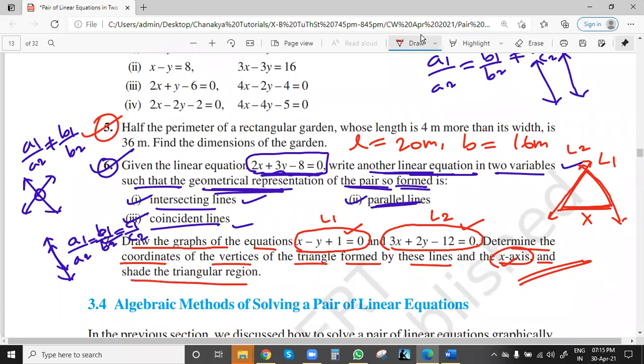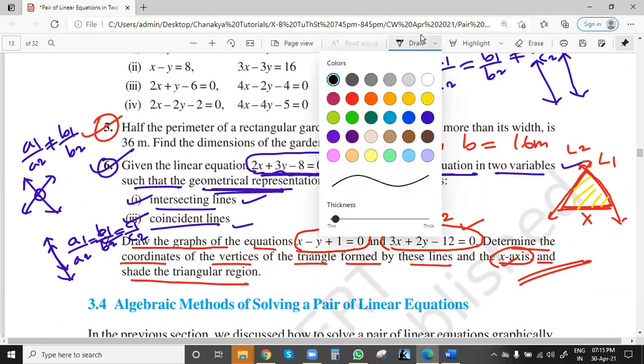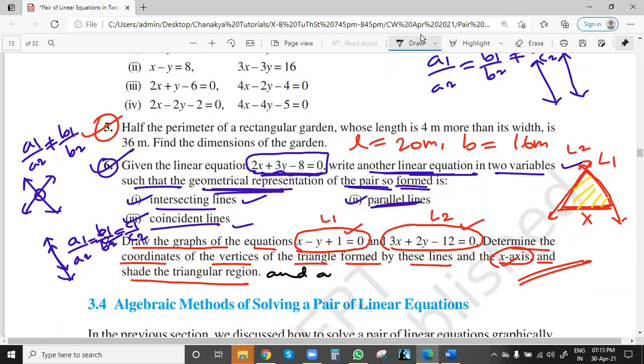Then we have to shade the region of the triangle which we got. Once we get the triangle, we can shade the region, and from my side you can also find the area of the triangle. Whatever triangle we have got, we can find its area.